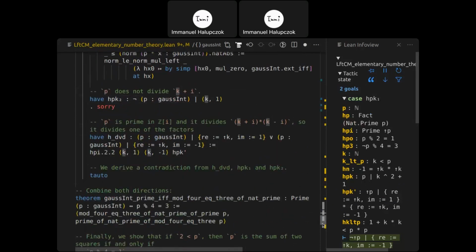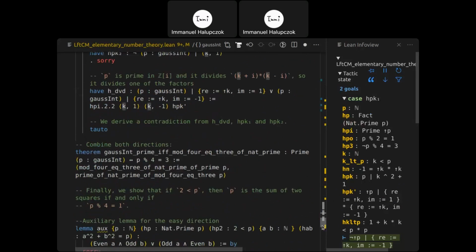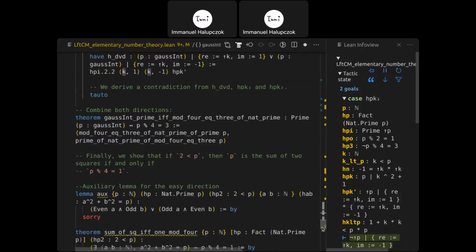Okay, and then the last part here is we put both directions together to get an if and only if statement. So P is prime as a Gaussian integer if and only if P is 3 mod 4.